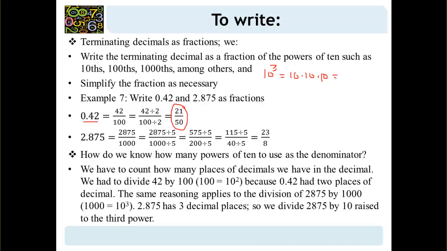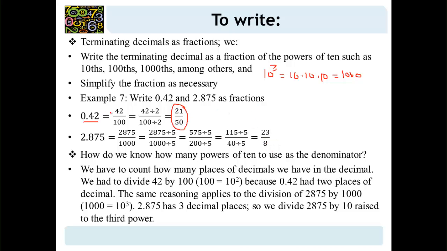So what you now do is find the whole number equivalent. It is 2875. You remove the decimal point altogether, that is 2875, and divide it by 1,000. And then you simplify it. You keep dividing by 5 until you get 23 out of 8.